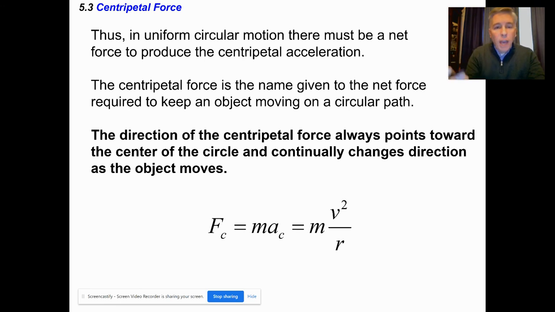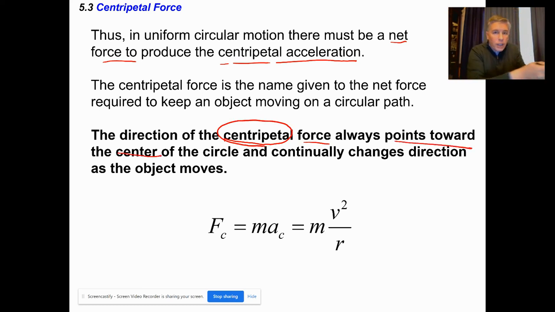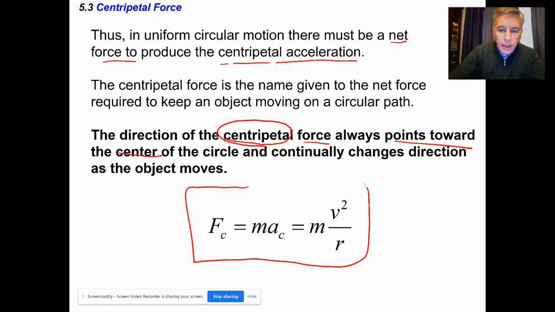When you have uniform circular motion, there has to be a net force to produce this centripetal acceleration. What do we call it? We call it a centripetal force, and it's always pointed toward the center of the circle. Something has to hold it into a circle. If you have something spinning around in a circle, there has to be a force that holds it towards the center. And this is how we calculate that centripetal force.